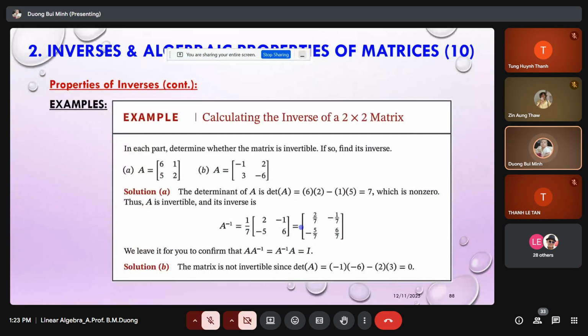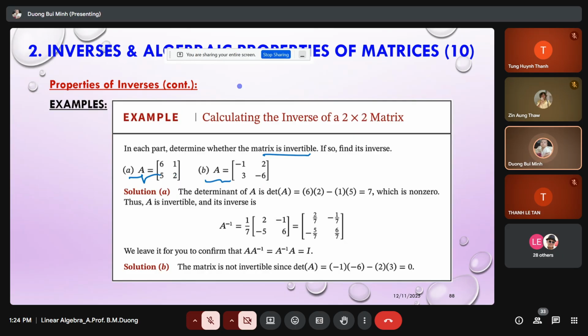So now, for example, we would like to determine whether the matrix is invertible or not. Of course, A is a square matrix, but we don't know if we can find the inverse of A or not.